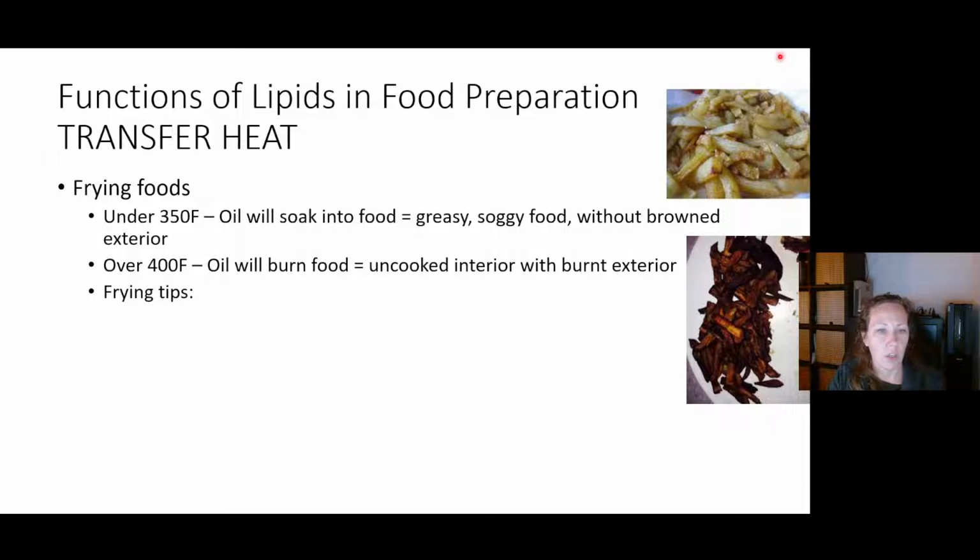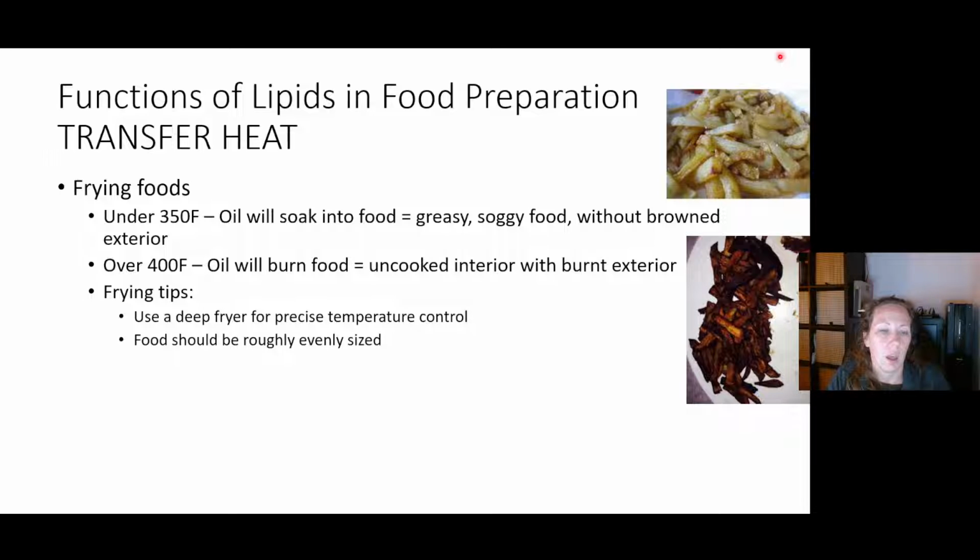Okay, so other frying tips. Using a deep fryer, even a home one, will usually have temperature settings, right? It's not just low, medium, high, or a dial where you can't tell what the temperature is, but an actual temperature setting, and the thermostat will turn the fryer on and off to keep it at the correct temperature.